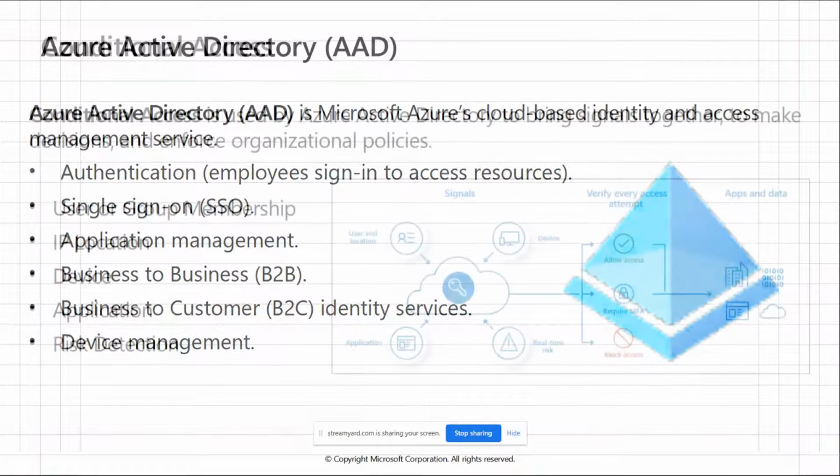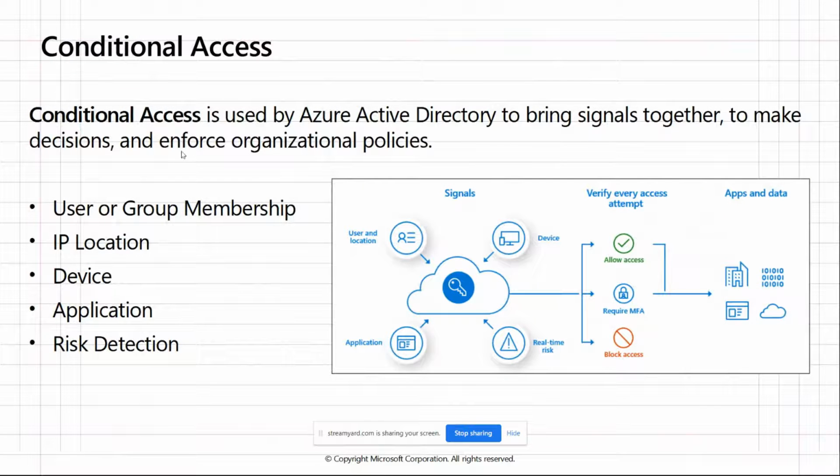And then conditional access is used by Azure Active Directory to bring signals together to make decisions and enforce organizational policies. And here, the user or group membership will be used. Also, we will have the IP location and device.